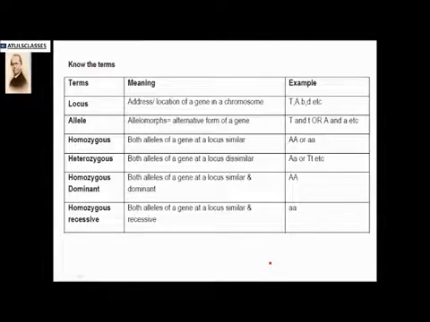Homozygous means the same locus and the same types, capital A or small a, small a. Heterozygous means dissimilar. Homozygous dominant means both alleles of a gene at a locus are similar and dominant. Homozygous recessive means both alleles of a gene are recessive.